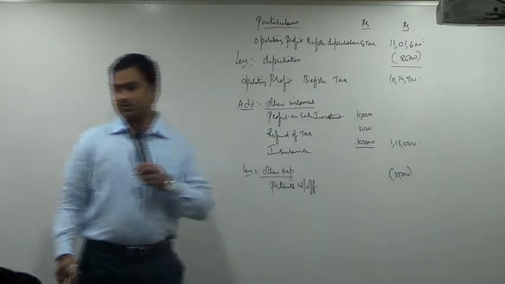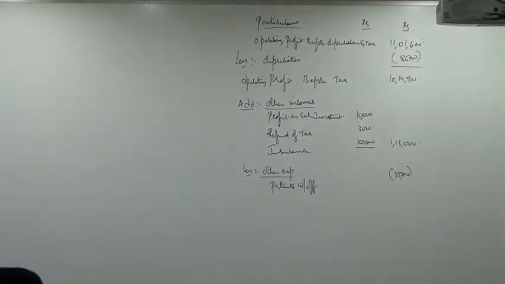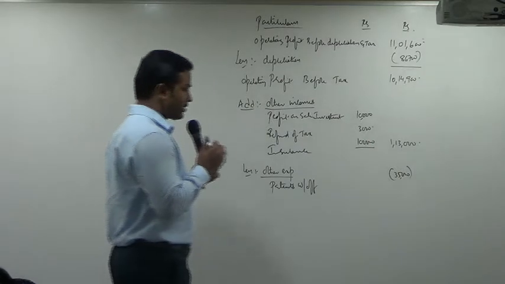Remaining all items, listen to me carefully: proposed dividend, transfer to reserve, these are all below the line adjustments. So once we calculate net profit after tax, then we start showing all those numbers.